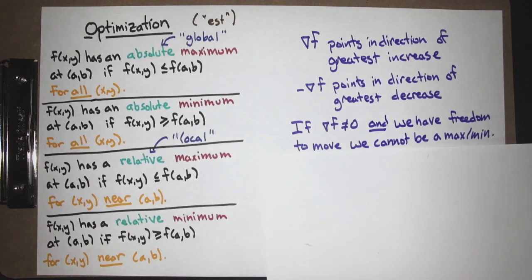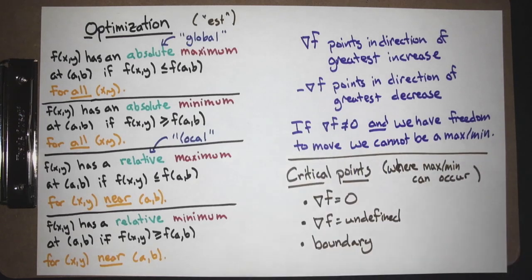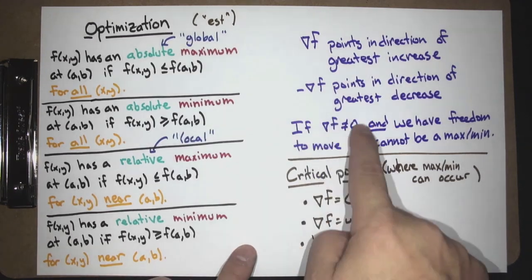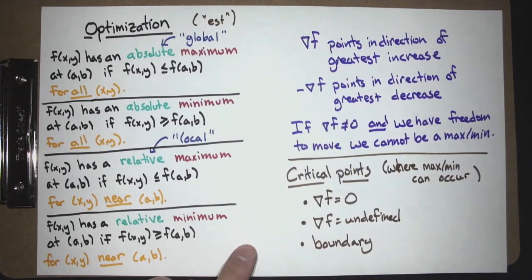That rules a lot out. So what's not ruled out? What's not ruled out are what we call the critical points. Critical points are where the max or min can occur. They fall into more or less 3 categories. The gradient of f is 0, because then the argument about the gradient being non-zero doesn't hold. The gradient of f is undefined.